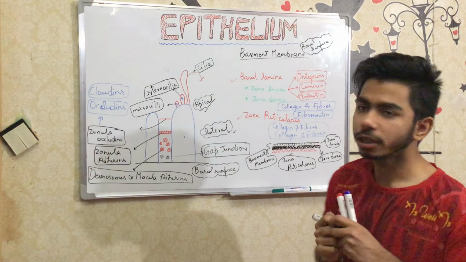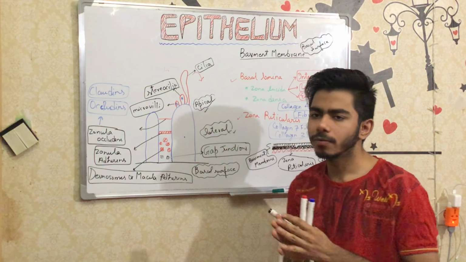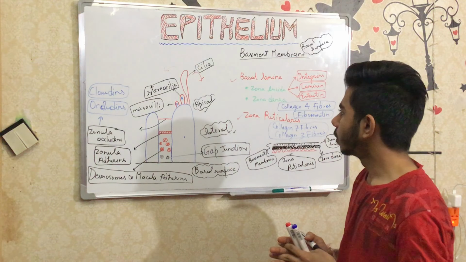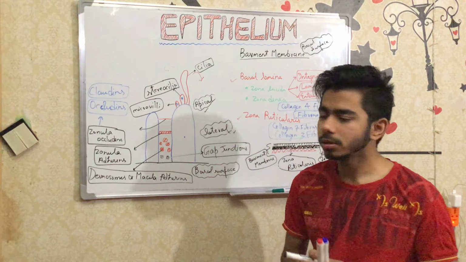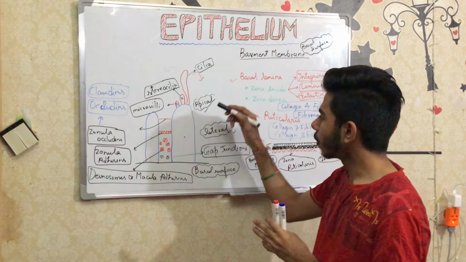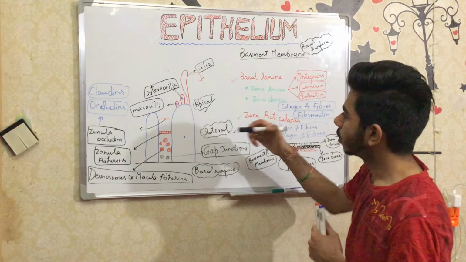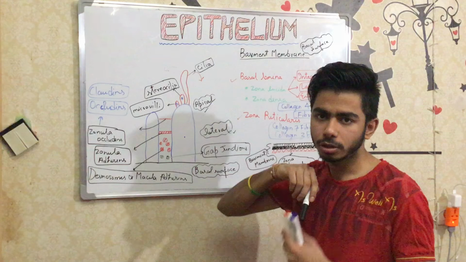So in conclusion, what structures did I discuss till now? I have talked about the apical surface of the epithelium. There I told you about the microvilli, stereocilia, and cilia present over the apical surface.